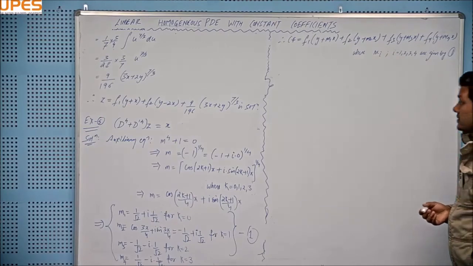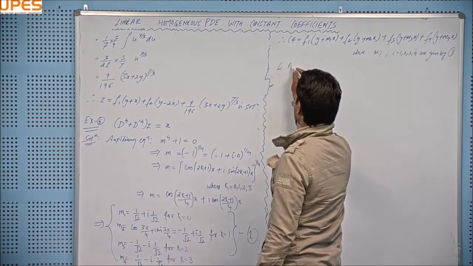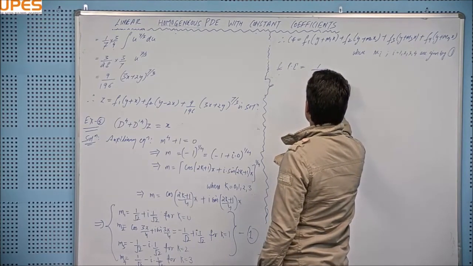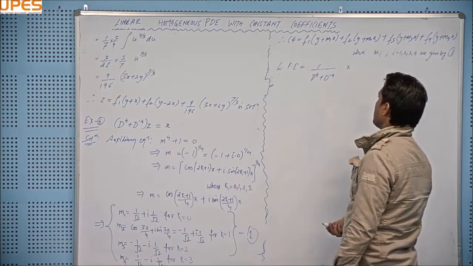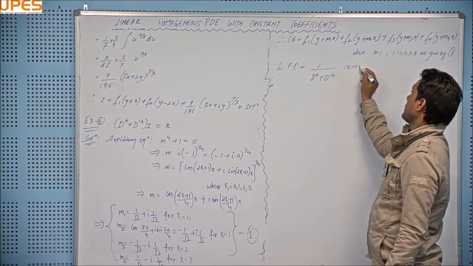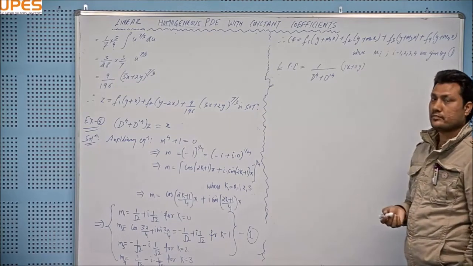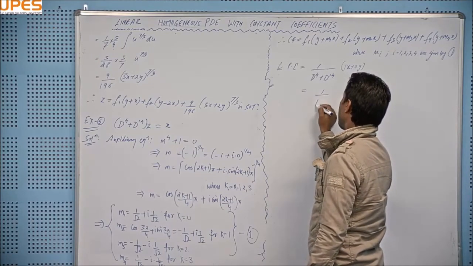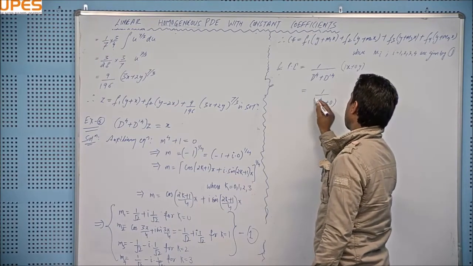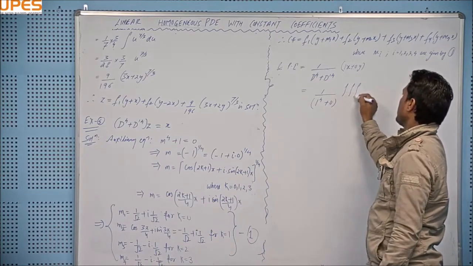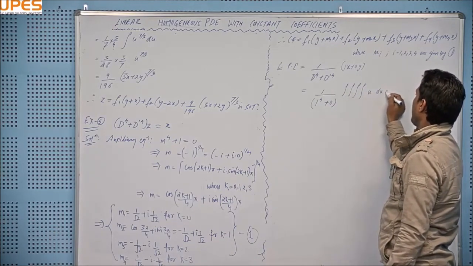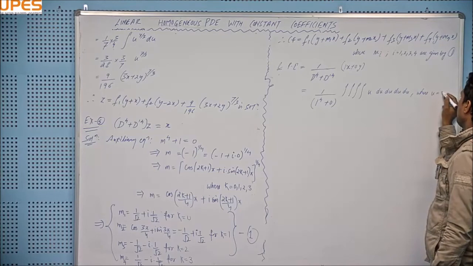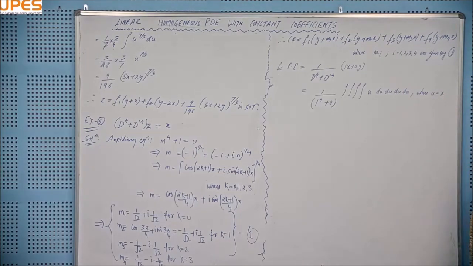Now finding its particular integral, PI equal to 1 upon D to the power 4 plus D dash to the power 4, and here we have x, or it can be thought of as 1x plus 0y. That's very simple. So putting D equal to 1 and D dash equal to 0, I will get 1 to the power 4 plus 0 obviously, and I have to integrate it 4 times, u du du du du, where u is equal to 1x plus 0y, or simply x.